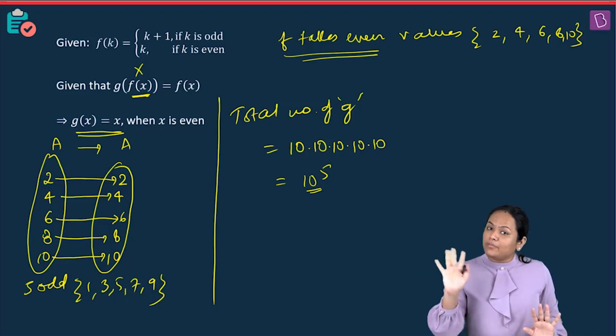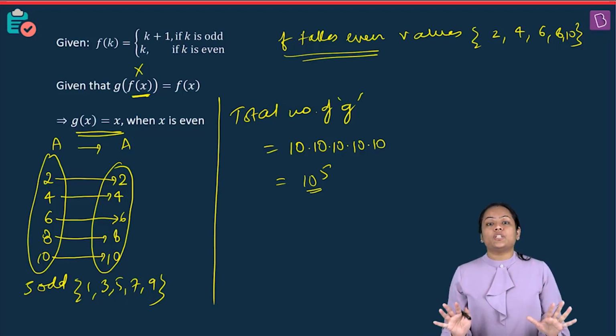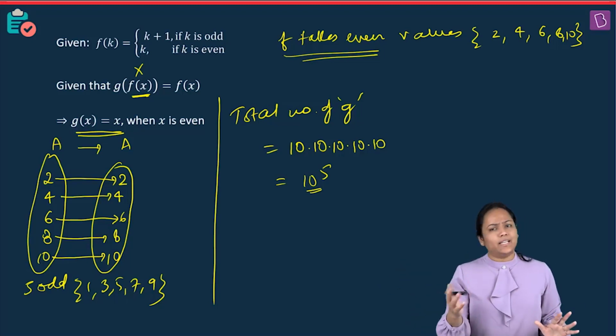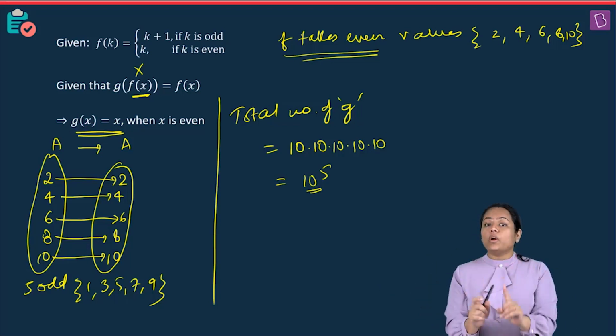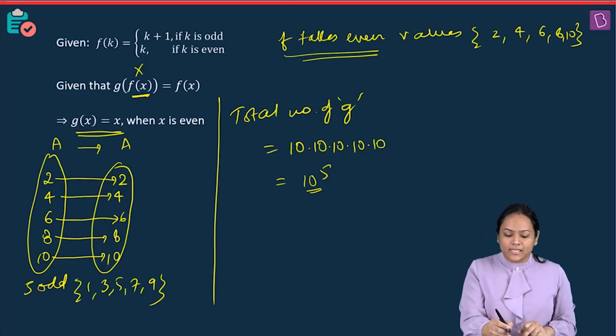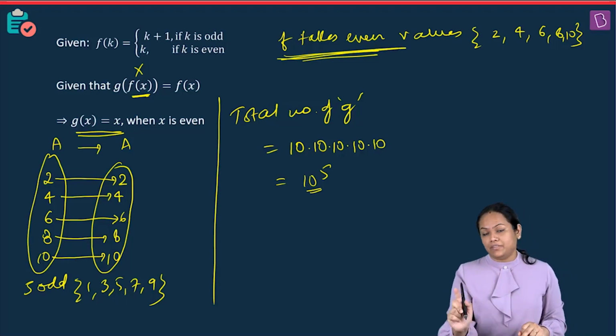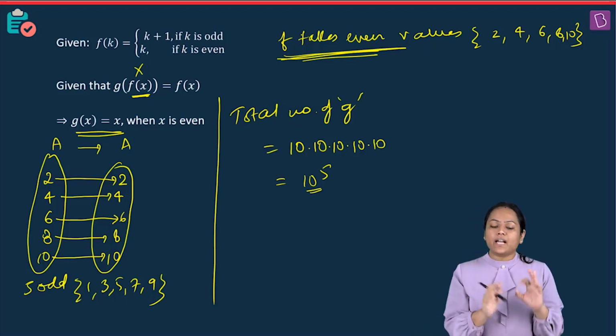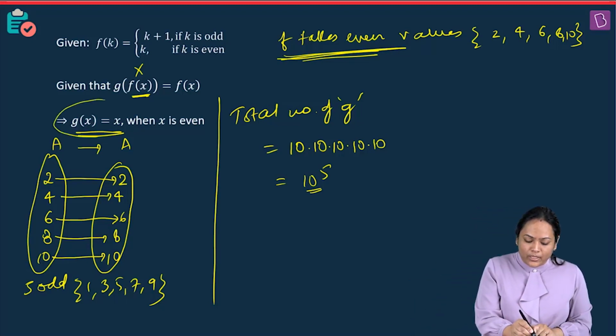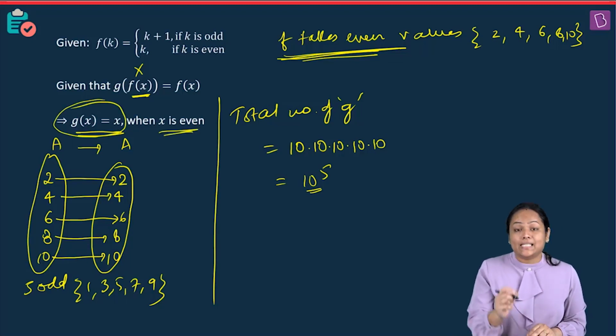Is this clear, guys? Have you understood? This question was again on a moderate or easy level. That depends upon how you are thinking about the question. The first thing you have to think is that f only takes even values. That was the foremost important thing. After that, we have seen that g of x will be equal to x whenever x is even.